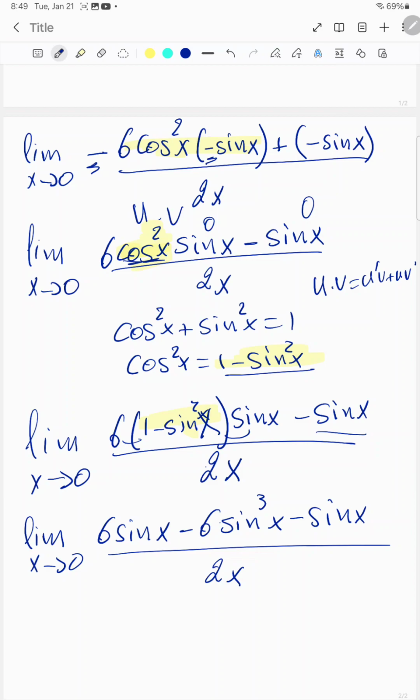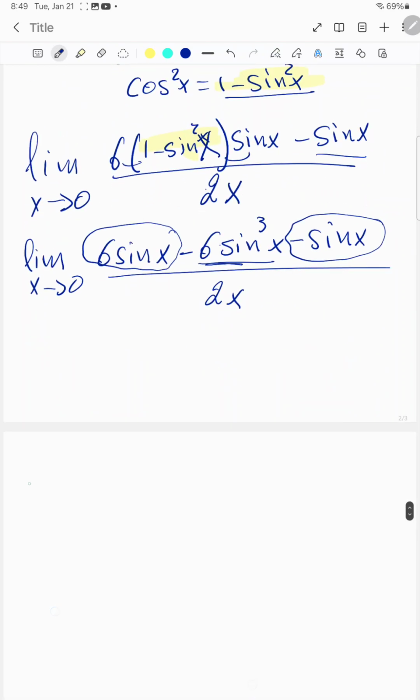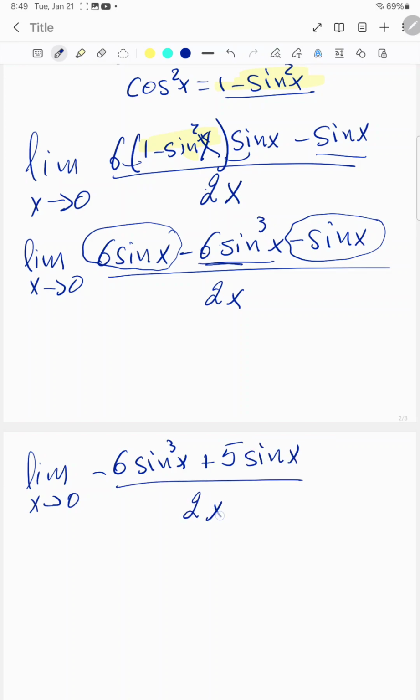So now I have 6 sine of x minus sine of x becomes 5 sine of x. And I have here minus 6 sine cubic of x. So it is equal to the limit when x goes to 0 of minus 6 sine cubic of x plus 5 sine of x, divided by 2x.